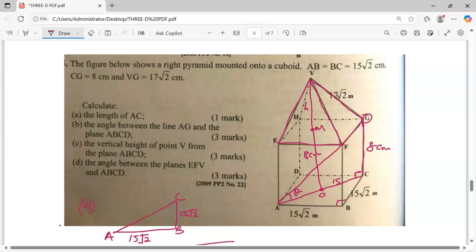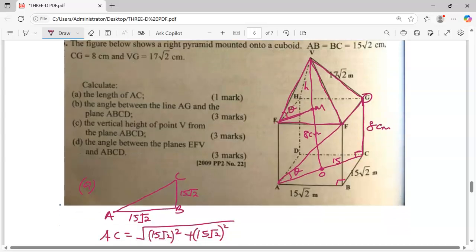Remember, ABCD is the same as EFGH, and therefore we have to find the angle between EM and EV. The angle we need is the angle theta at this point.